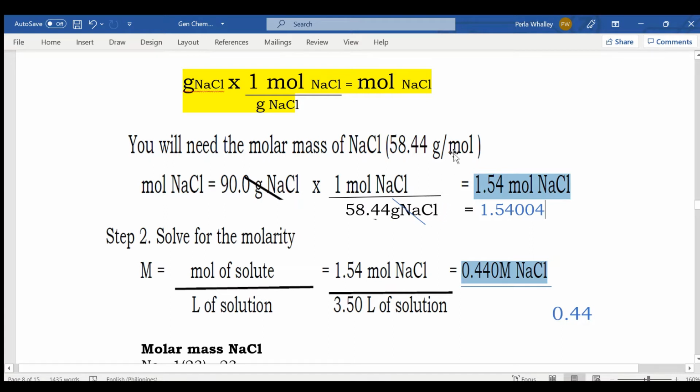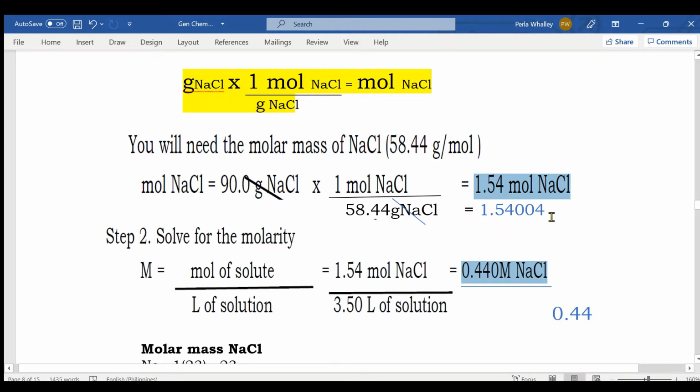We put the mole on top in the numerator and the grams in the denominator so that we can cancel grams sodium chloride, and what is left is moles sodium chloride. Now, if we divide 90.0 by 58.44, the answer is like this.